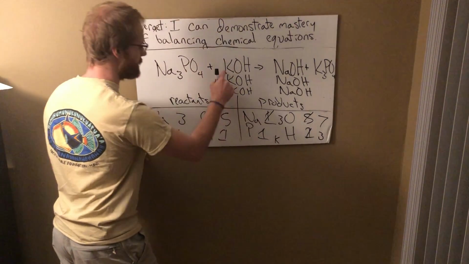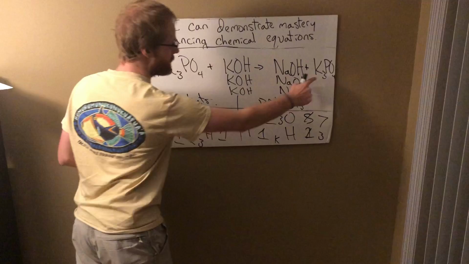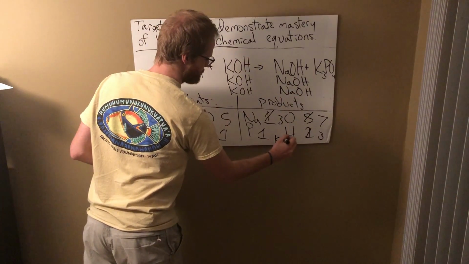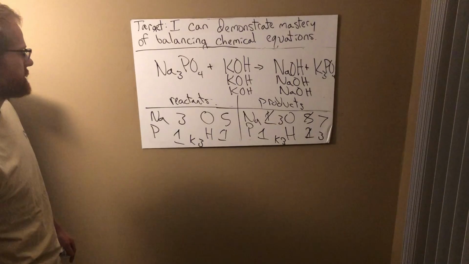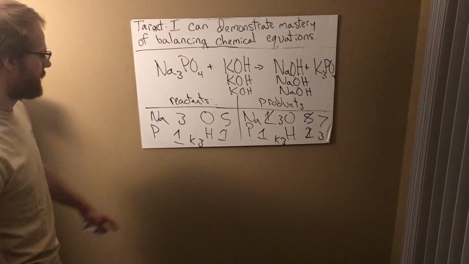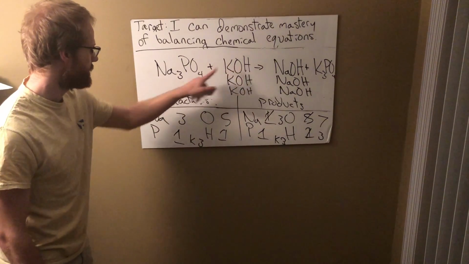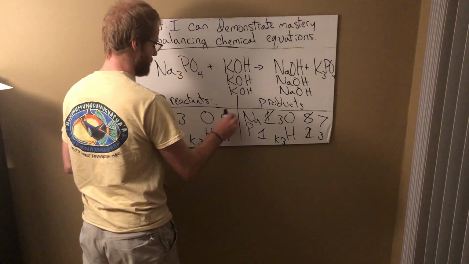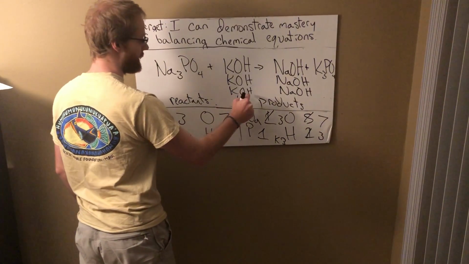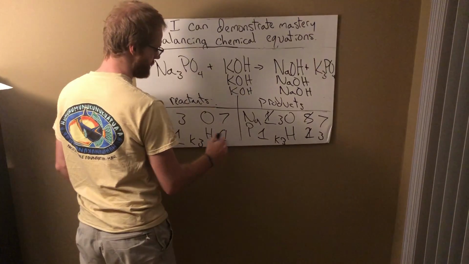Here we go. 3 Ks. 3 Ks. Nice. All right. So my potassium, my Ks are balanced, solid. My oxygens, 1, 2, 3, plus 4 is 7. So we've got 7 oxygen there. And hey, look, 1, 2, 3 hydrogen.